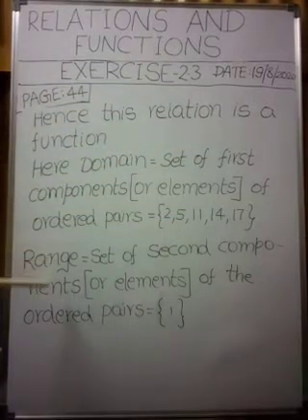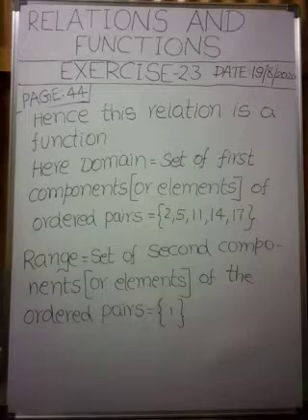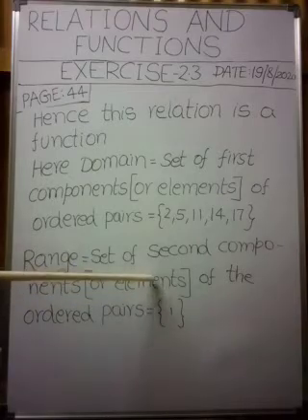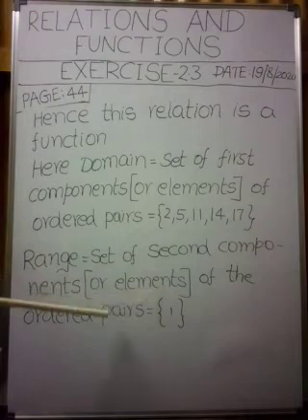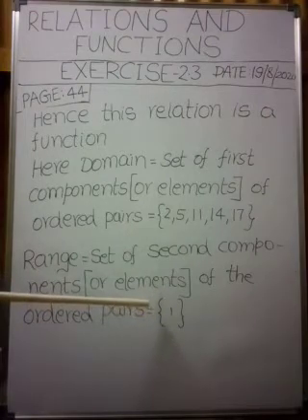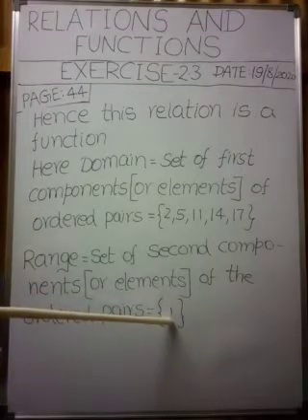Right. Now come to range. What is meant by the range of a function? The set of all second elements or second components of the ordered pairs in the relation. So what are the second components in the ordered pairs? Only one element, that is 1. So the range is the singleton set {1}.